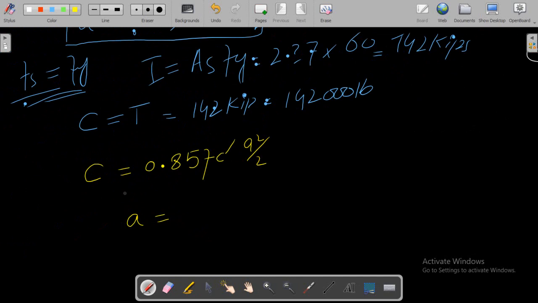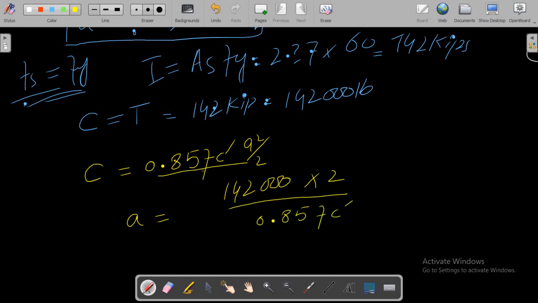Plugging in 142,000, multiplied by this 2 on the left-hand side, and these 2 shifted to the denominator, so 0.85 fc', and taking the square root. If you use your calculator, make sure you are using 3000 psi, because this value is in pounds. From this we get the value of a, that is 10.6 inches.